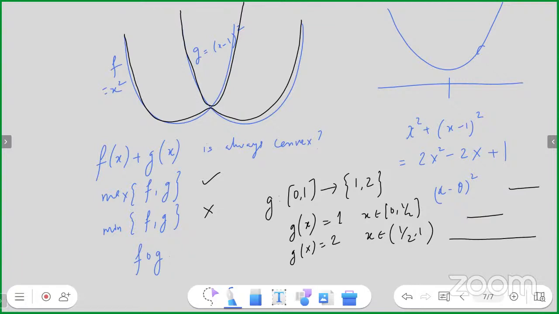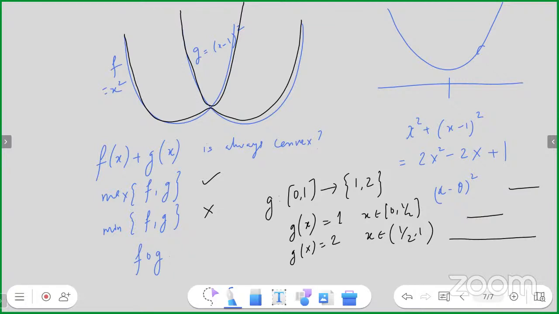No longer continuity is not required anymore. You think of unit step function. Is it a convex function?